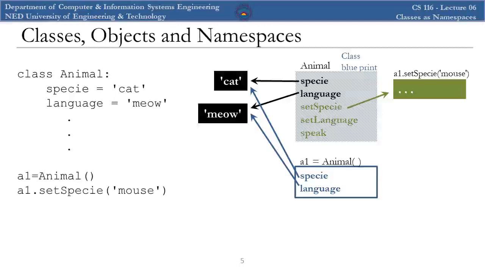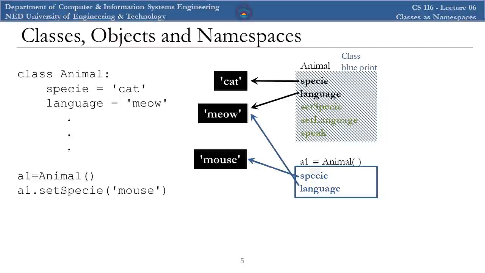So this method will access self dot species, which is actually a1 dot species, and it will reset it to the value mouse. The old link will be broken, and a new object has been created called mouse, and now species of a1 points to this value mouse. However, the species attribute defined in the class is still pointing to that same old object cat. After this method finishes, the namespace is gone.